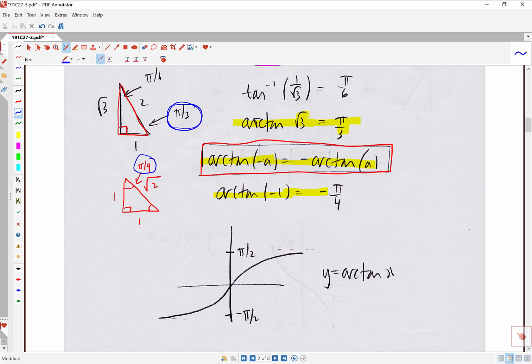Therefore arctan of 1 is equal to pi over 4, and that means arctan of -1 is equal to negative pi over 4. As we said with the arcsine function, you don't need to know the graph of the arctan function. I put it in the notes, just in case you're curious, but it's not something that you need to know in order to take derivatives of the inverse trig functions.